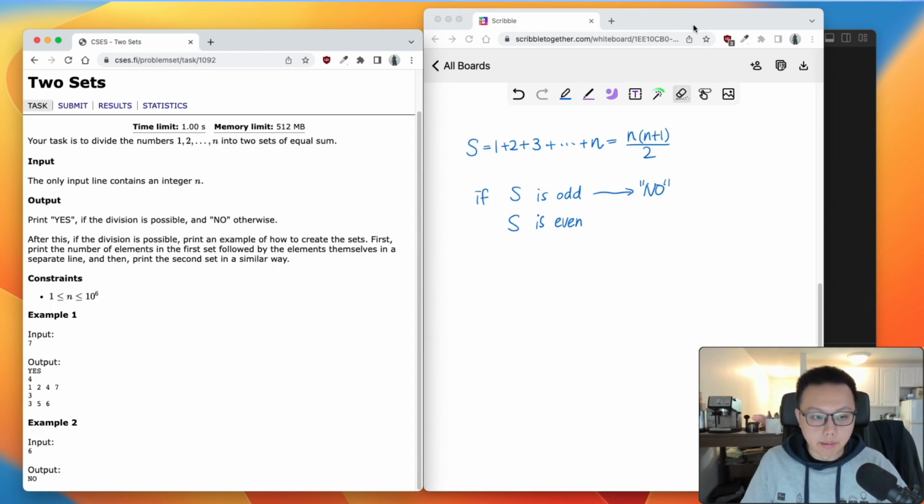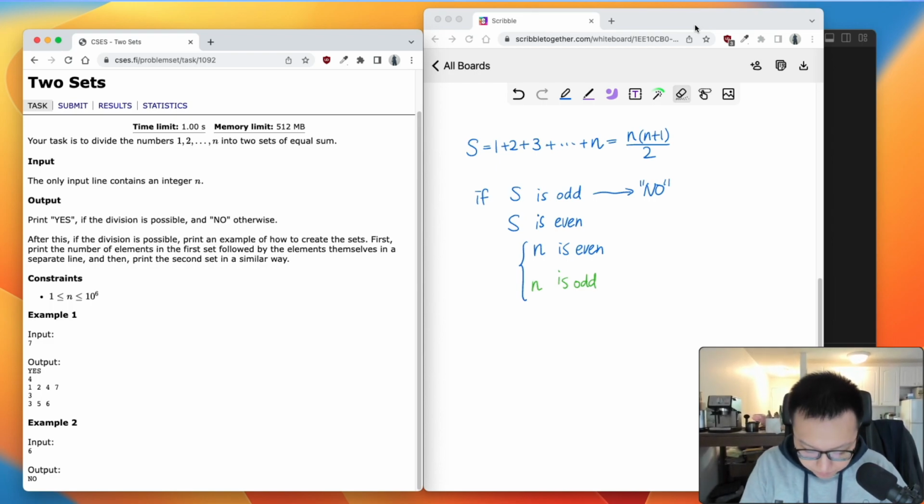what can we say about the value n, right? So there could be two cases about n, where n could be an even number, or n could be an odd number. Okay, so in the case where n is an even number, what can we say about the sum? We know that n is even and s is even.